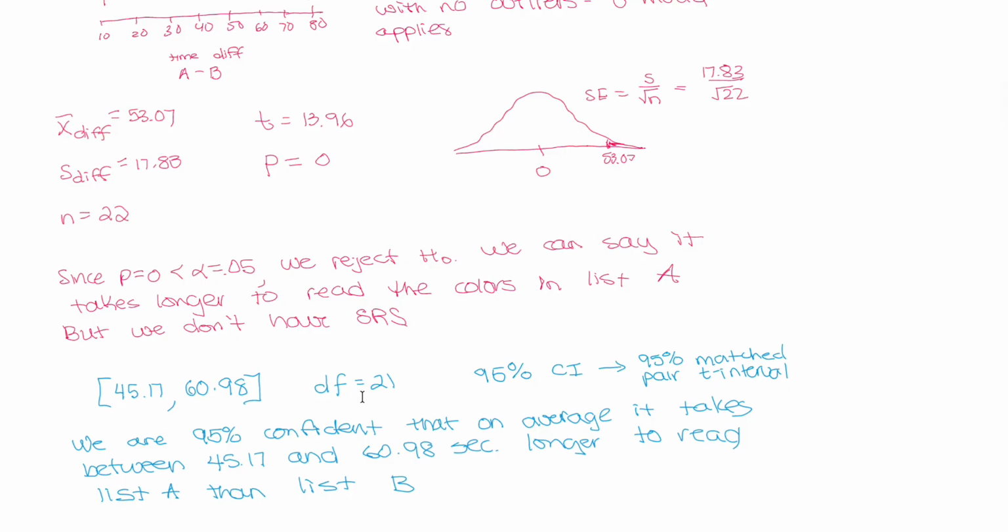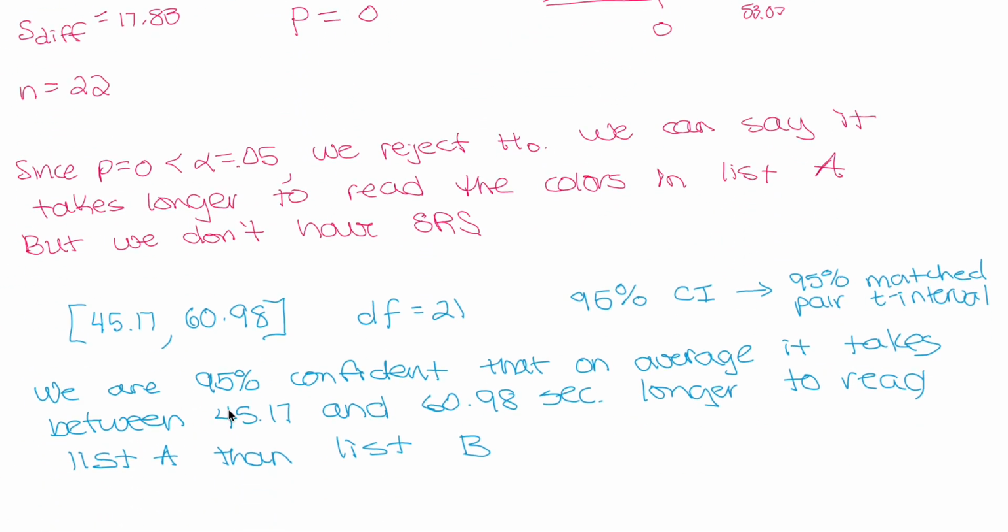For our conclusion write-up: we are 95% confident that on average it takes between 45.17 and 60.98 seconds longer to read list A than list B. And notice the way I'm writing this: because the whole interval is positive, I can just say it takes this amount of time longer to read list A than list B.